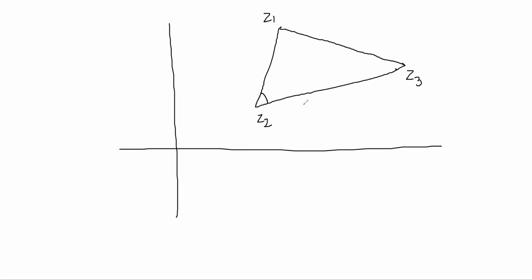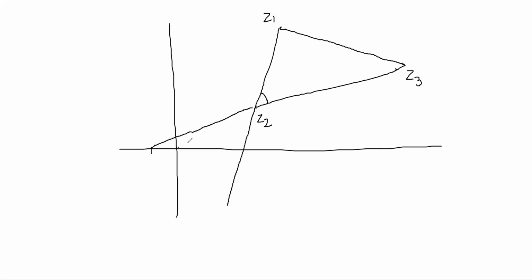So, this is like this, and this is like this, right? Okay. So the argument of Z2 is not that line, no?